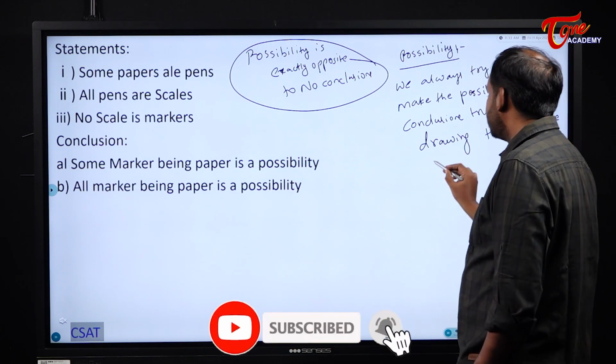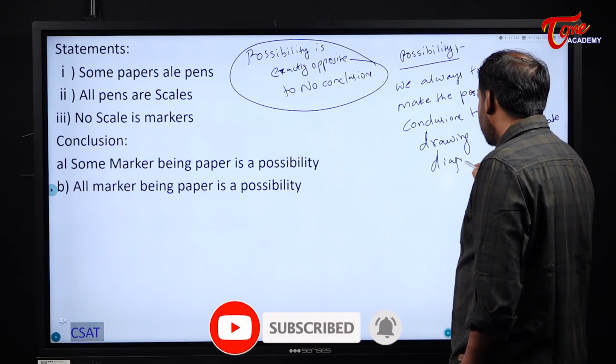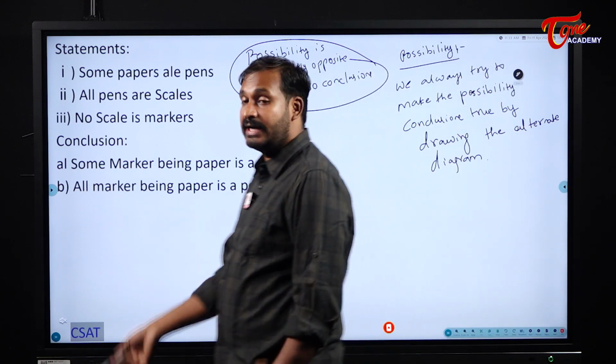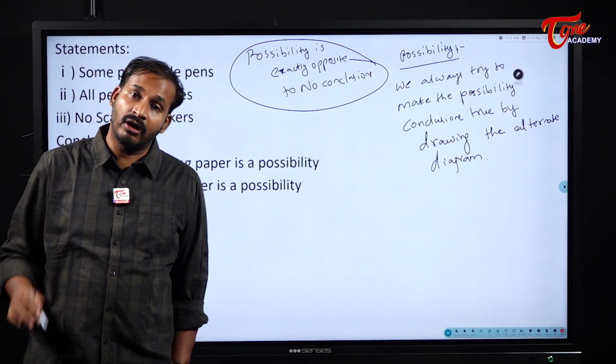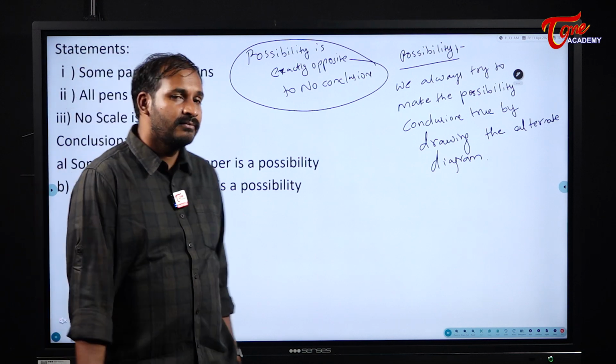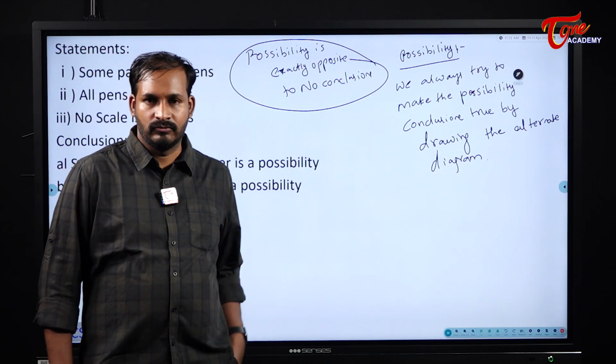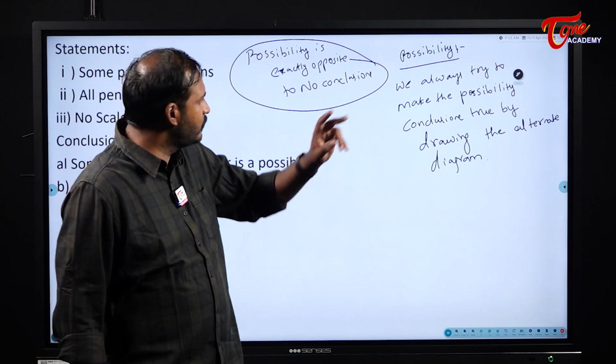That means if it is true in the basic diagram, happy. If not, we will try to draw an alternate diagram to make them true. Understood, students? Quite opposite to our no conclusions.